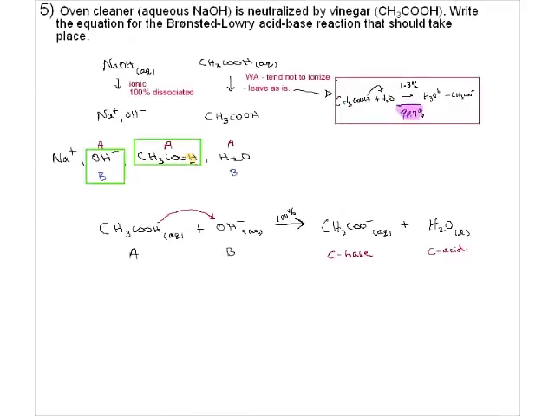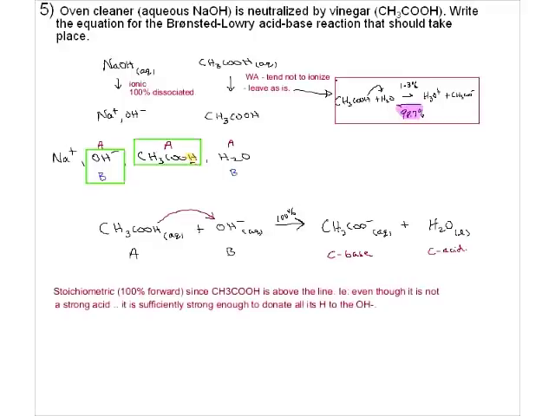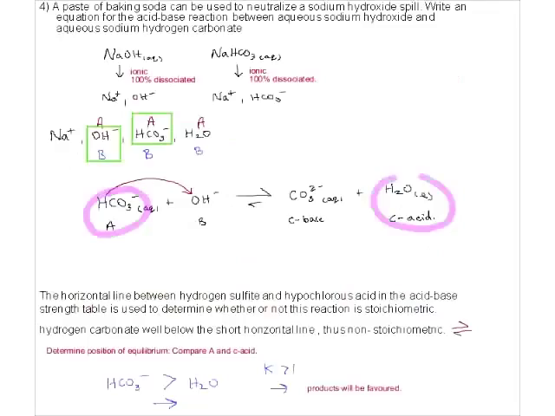Even though it's not a strong acid, we're saying it's sufficiently strong enough to react with the hydroxide to donate all of its hydrogens. So it's going to be stoichiometric. The hydroxide is strong enough to pull every one of those hydrogens off. Every single last one of them is coming off. That's what this means.